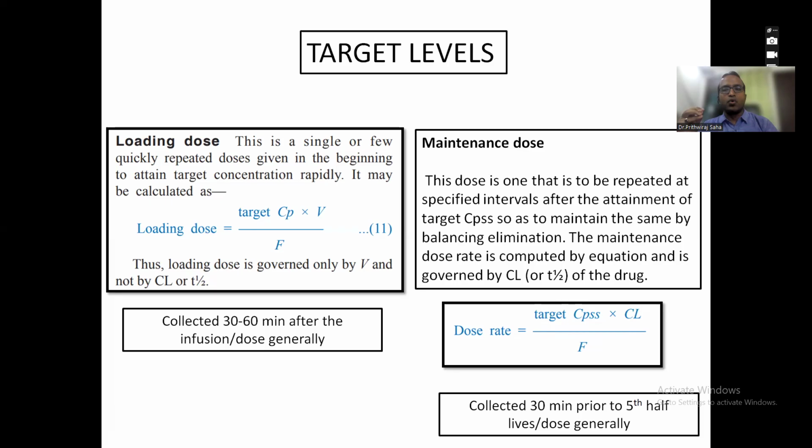So here comes the role of the creatinine. For the maintenance dose, we will reduce the amount of dose. That is why we give injection meropenem 1 gram stat followed by 500 mg BD or TDS according to the creatinine clearance, but no compromise on the loading dose.